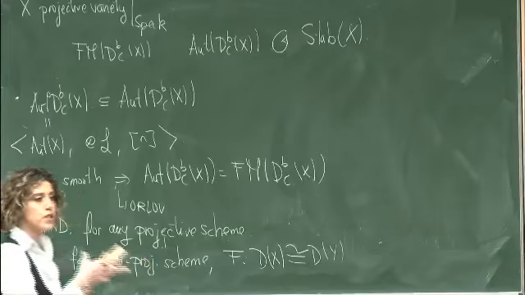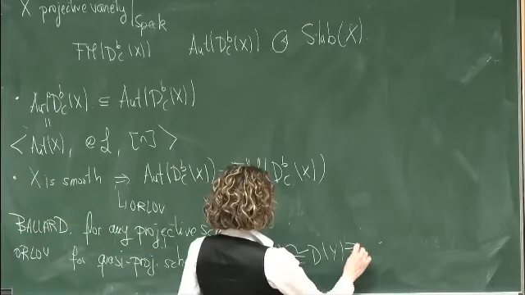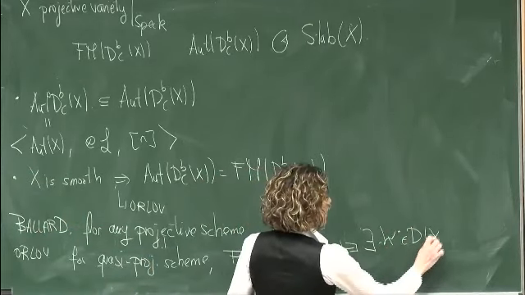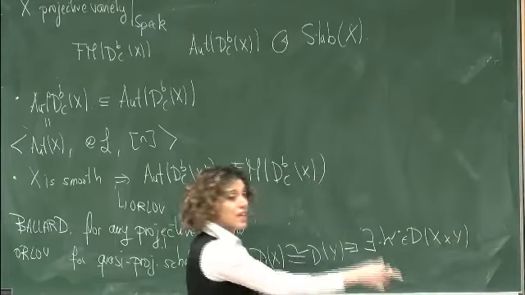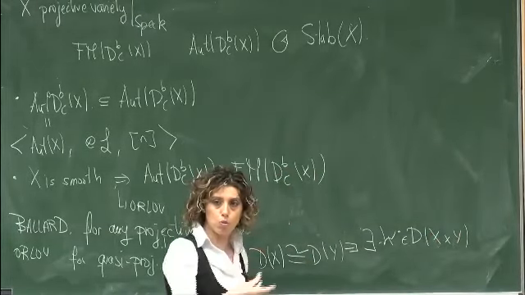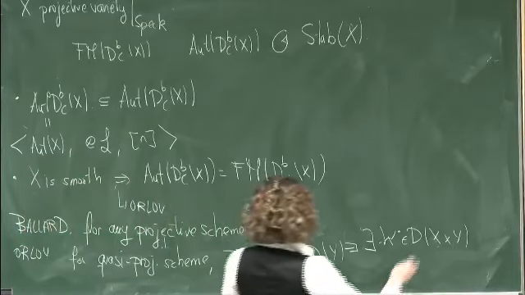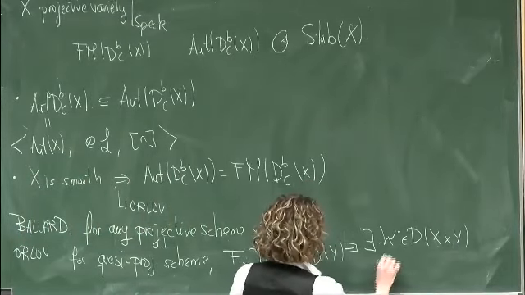There exists an object K in the derived category of the product such that the corresponding functor is an equivalence, but in general it's not the original functor. Okay?